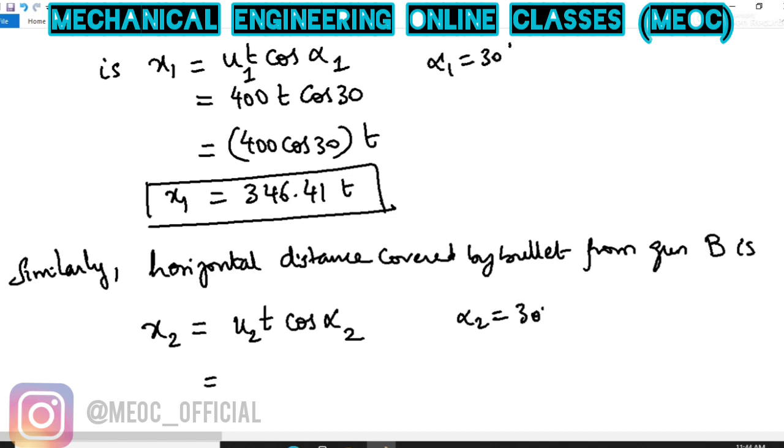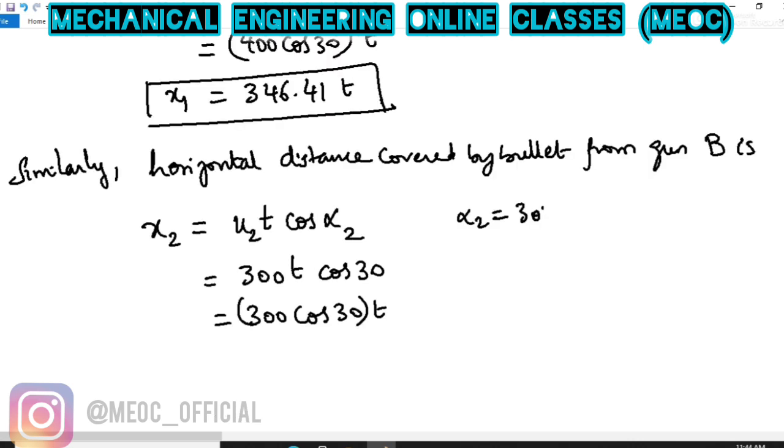So u2 is given as 300 t cos 30. So 300 cos 30 into t will be 259.8 t.